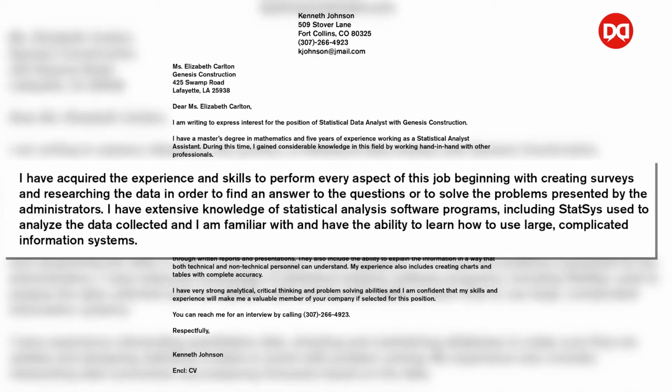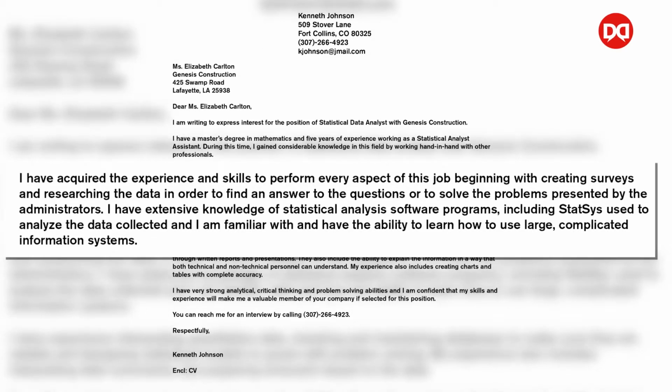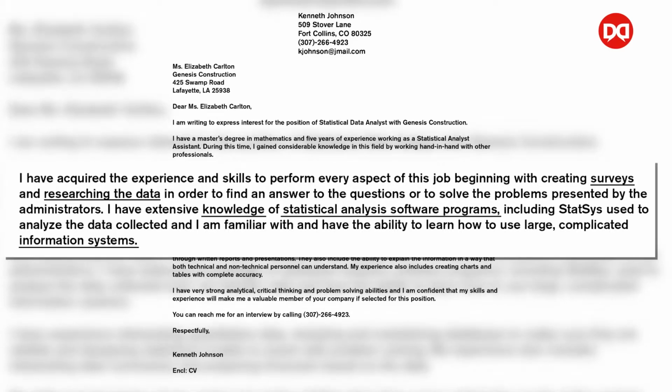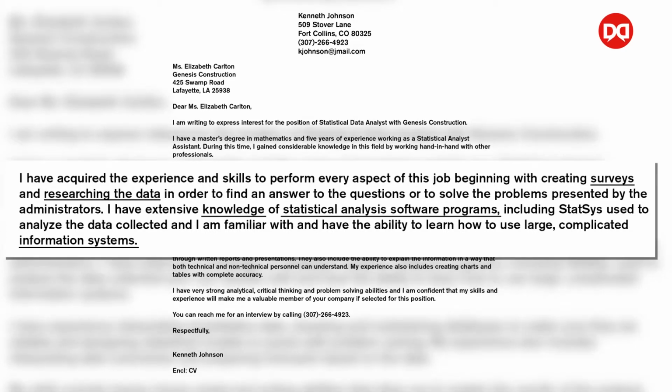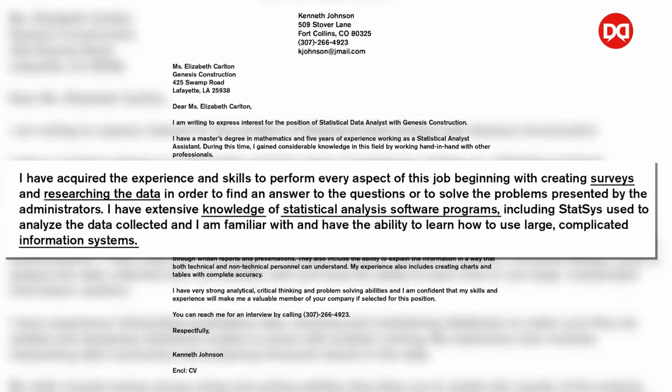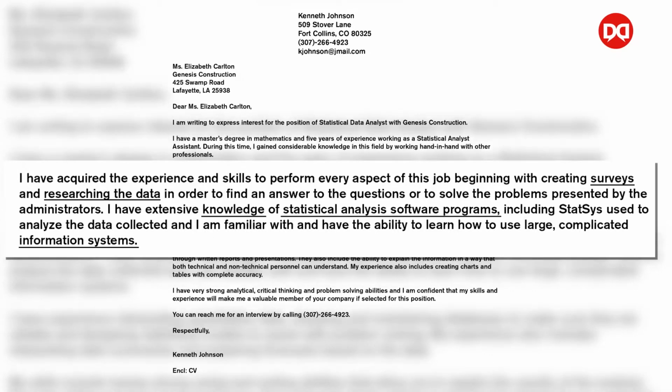So when we look at Kenneth's approach to his skills, if this particular cover letter were to be read by a human or passed through an automated keyword search, you would essentially have the keywords identified here, with StatSys as the software program, and some of the other things that he mentions.